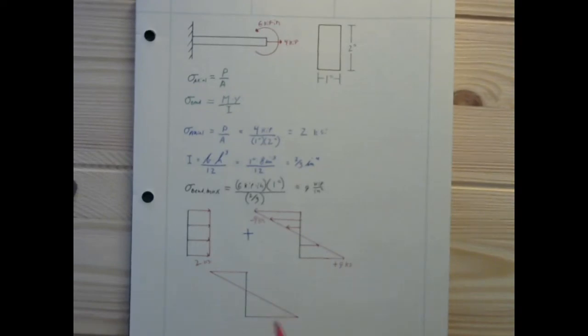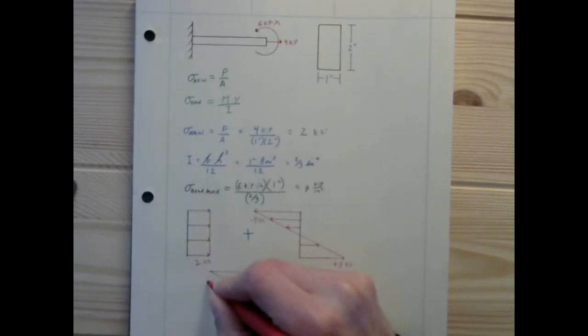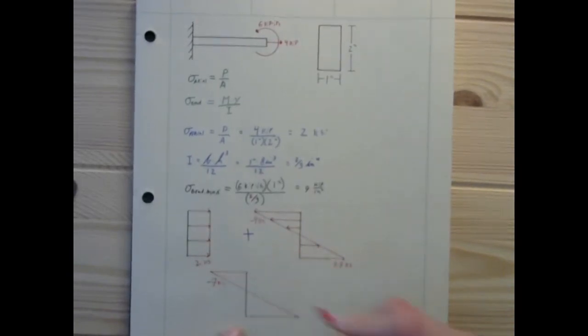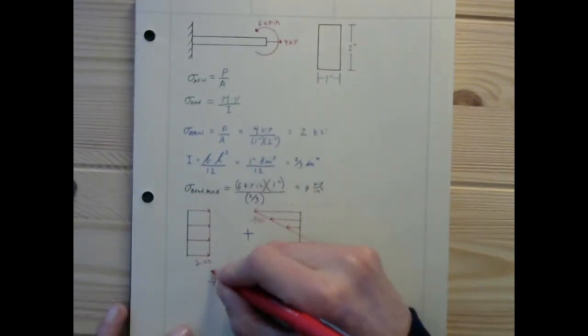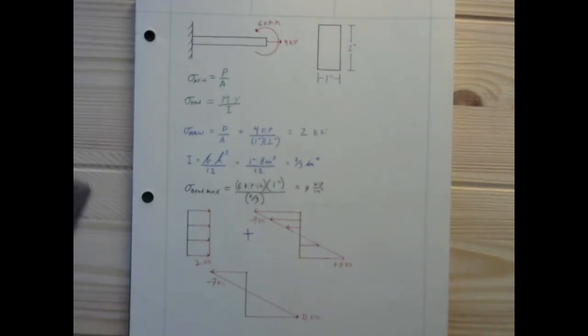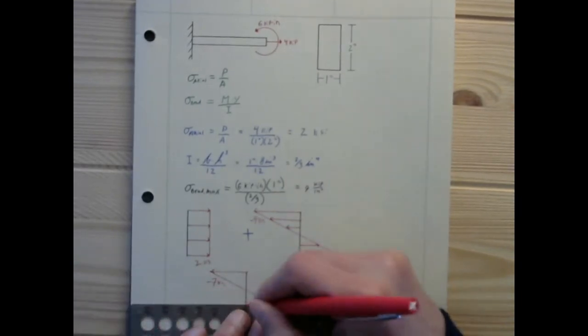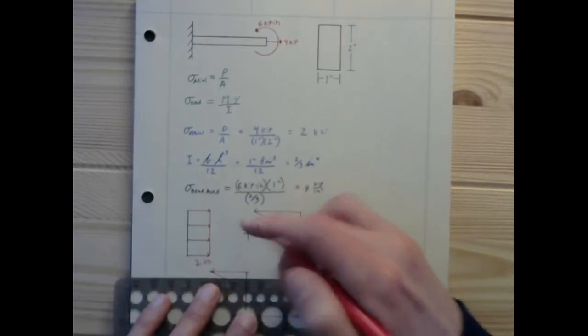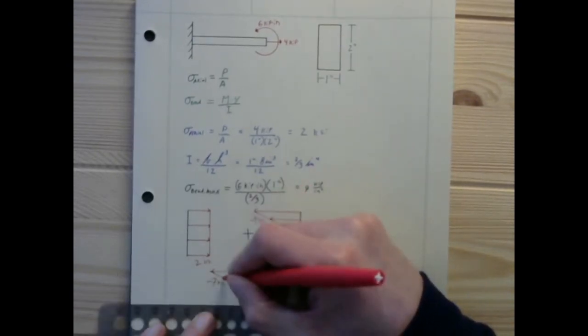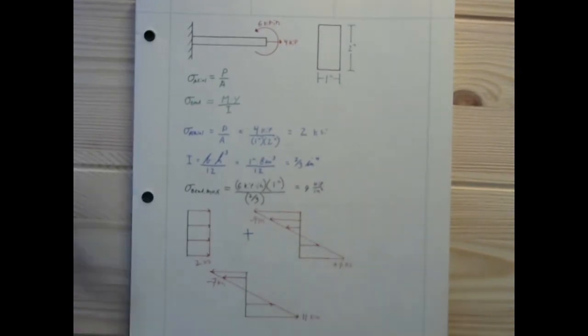However, now we've shifted it up because we've got this distribution, -7 KSI and +11 KSI, because that's what 9 plus 2 is. It is frequently important to know what the location is of the neutral axis.